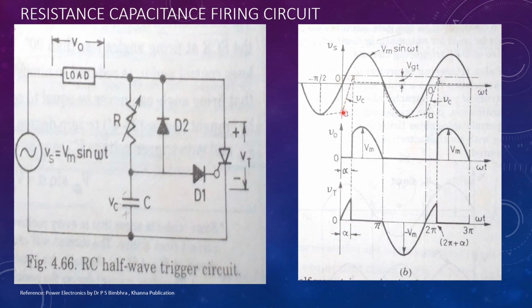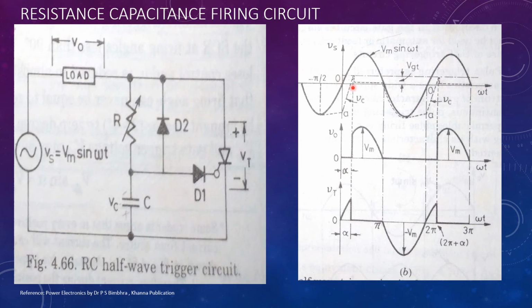As observed over here, the capacitor voltage is less than the gate trigger voltage VGT. Since the capacitor voltage is less than VGT, the thyristor will act like an open switch and it will block the source voltage Vs. Therefore, the source voltage will appear across the thyristor.